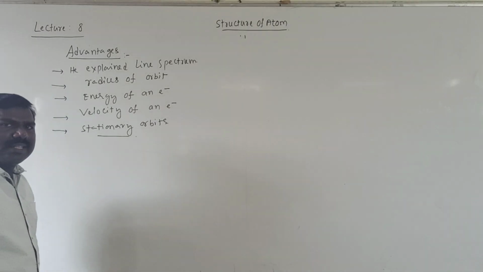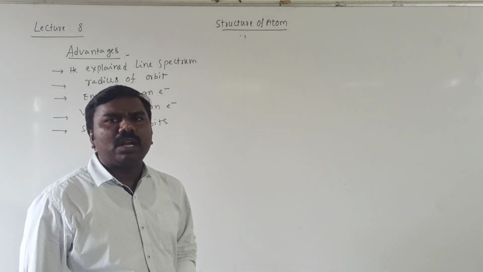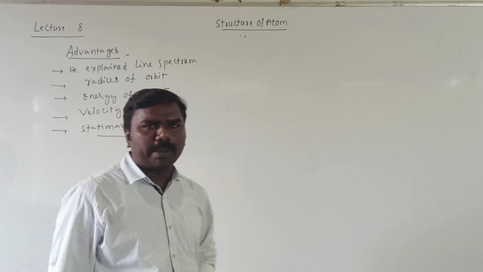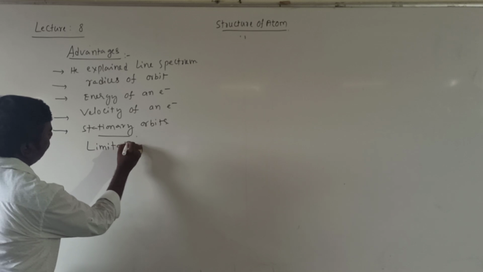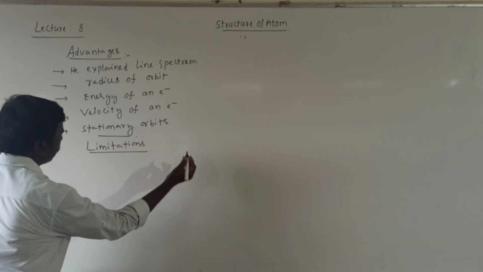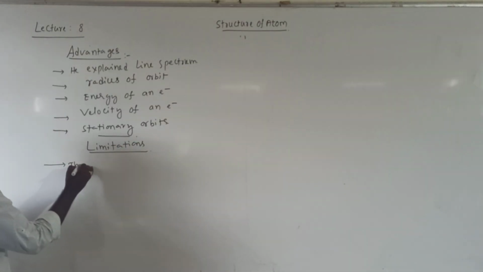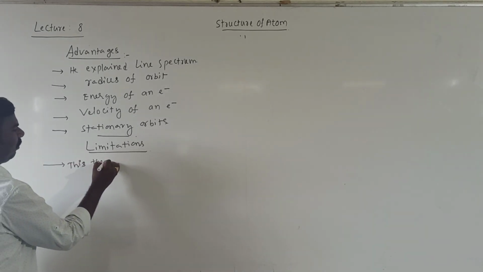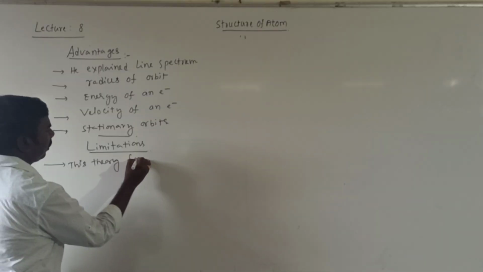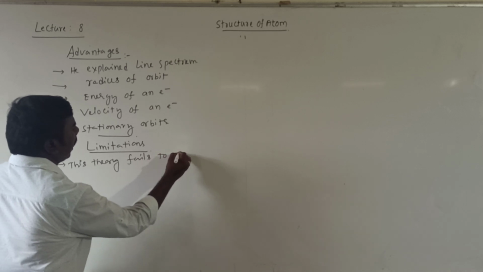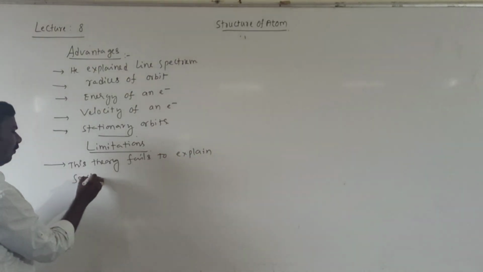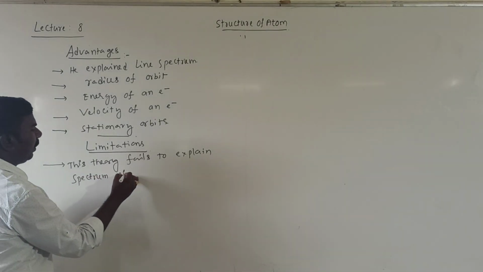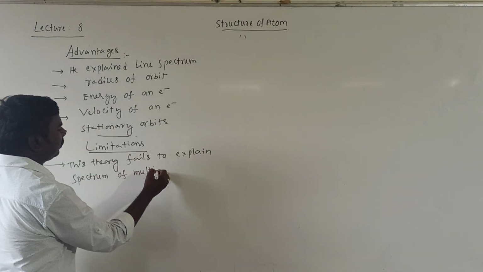Next, disadvantages or limitations of Bohr's model. So limitations or disadvantages of Bohr's model. This theory fails to explain the spectrum of multi-electron atoms.